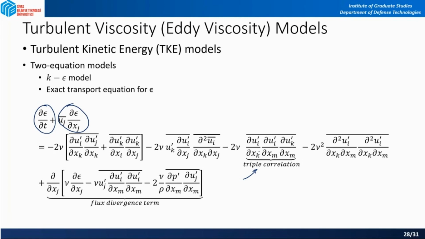So this equation is the exact transport equation. It's not a model equation. If you can somehow solve this equation, which is impossible, you will get the exact epsilon values.